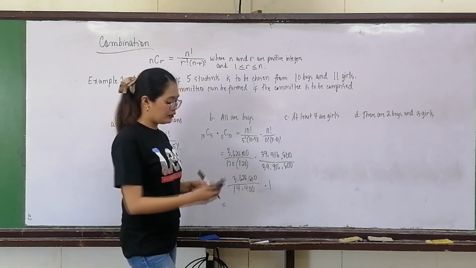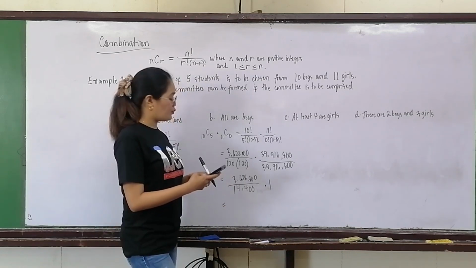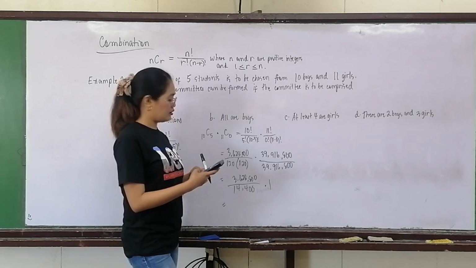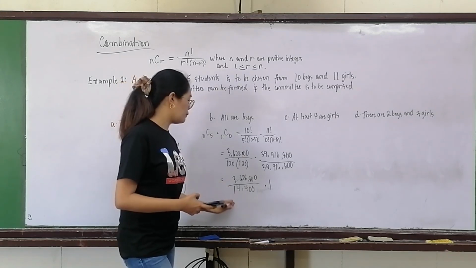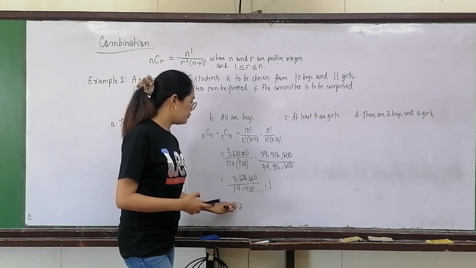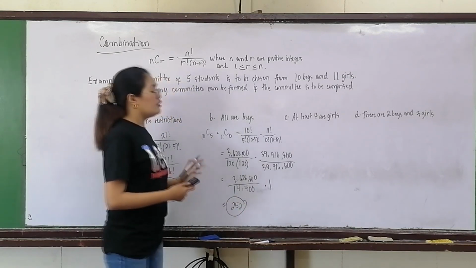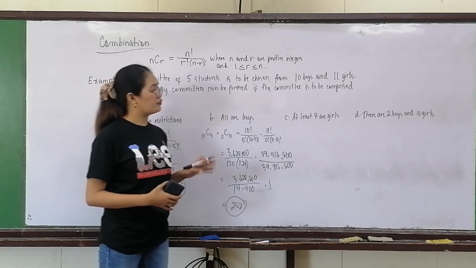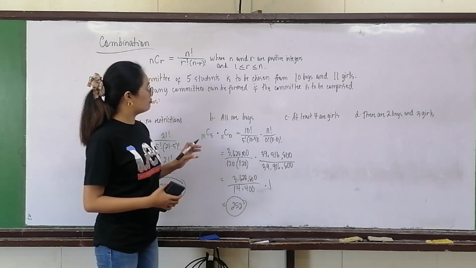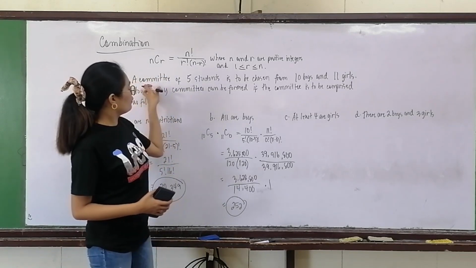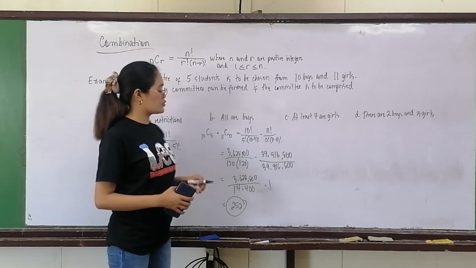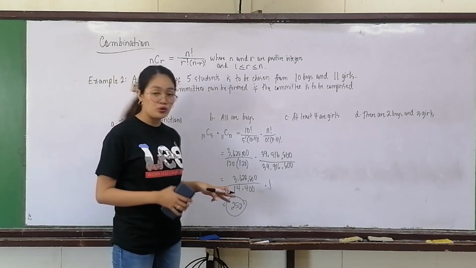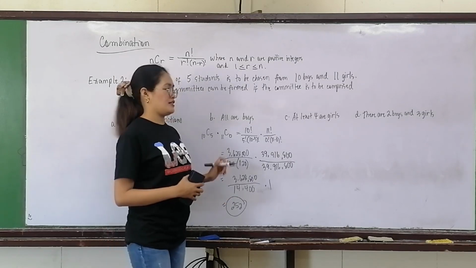Now 3,628,800 divided by 14,400 is equal to 252. Therefore, if our committee will be comprised of all boys, there will be 252 possible committees.